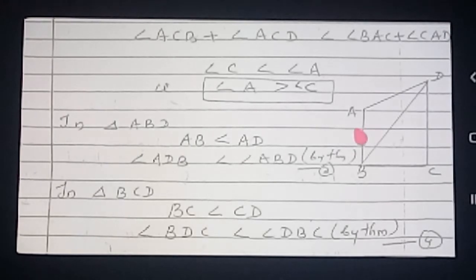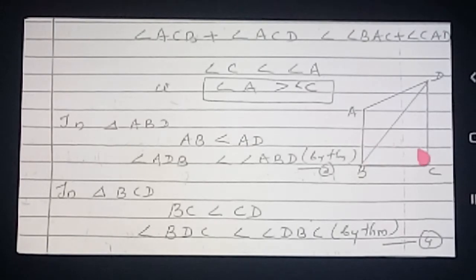What is the angle opposite AB? This is AB side, its opposite angle is D, named ADB. Similarly, the angle opposite AD is B, named ABD. That is by the theorem, so we keep it as equation number 3.